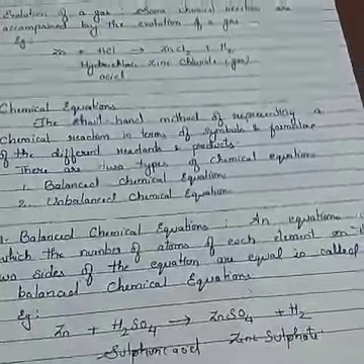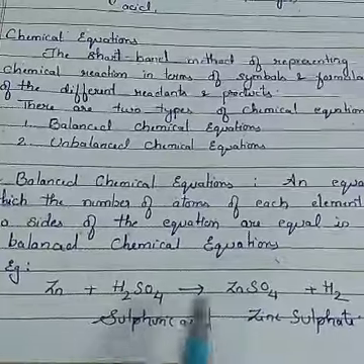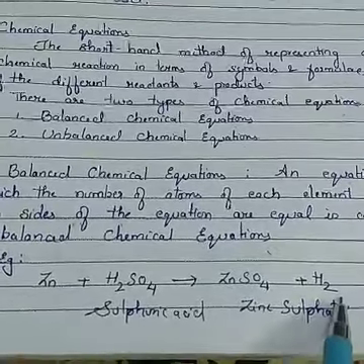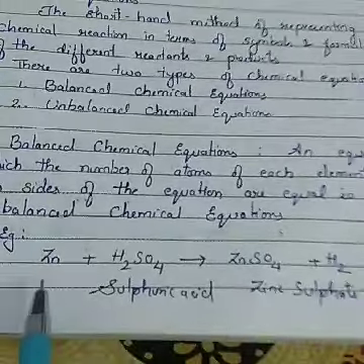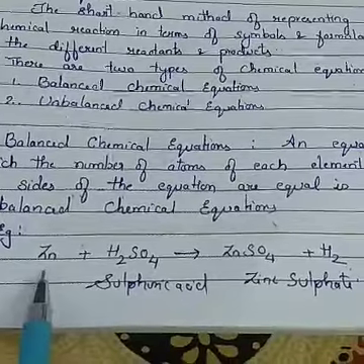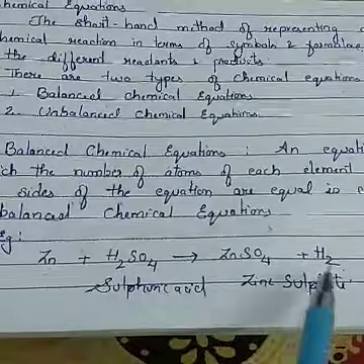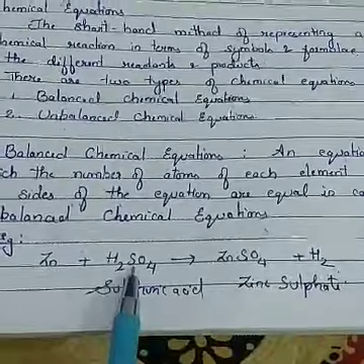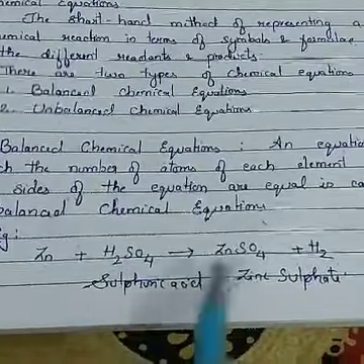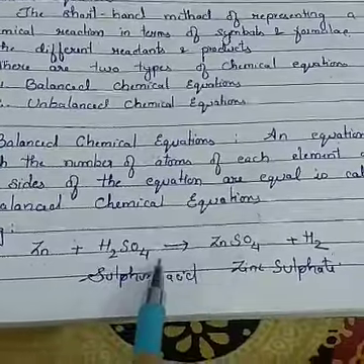For example, zinc and sulfuric acid give rise to zinc sulfate and hydrogen. The number of atoms of zinc is 1 on both sides. We have 2 hydrogen atoms on both sides. Sulfur 1 atom on both sides and oxygen 4 atoms.